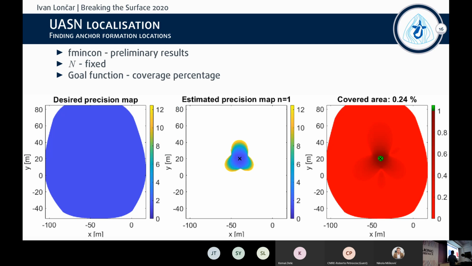And now we get to finding the specific anchor formation locations, which is denoted by X. X is just showing the center of the formation, so as not to put 3 X's on one picture. When we use one ping set, we have a coverage area of 0.24%, which is quite low.